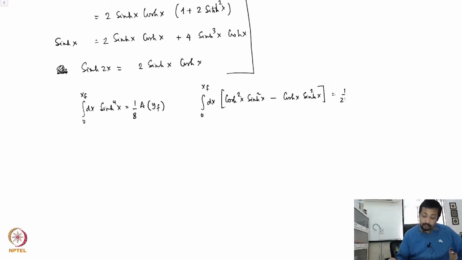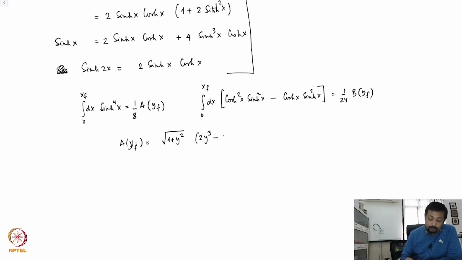I will call this 1 by 8 A of YF and this 1 by 24 B of YF, where A of YF is going to be square root of 1 plus y square, times twice y cube minus 3y, plus 3 sinh inverse of y. So we will write this as A of y.